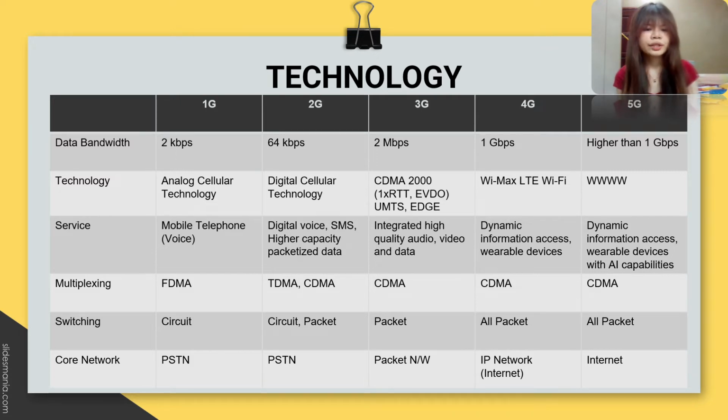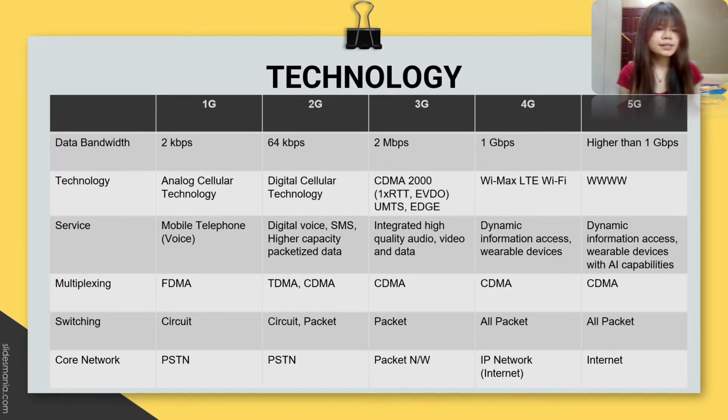For 2G, digital voice, SMS, higher capacity packet-type data, and for 3G, integrated high quality audio, video, and data. For 4G, dynamic information access and wearable devices, and for 5G, dynamic information access and wearable devices with AI capabilities.